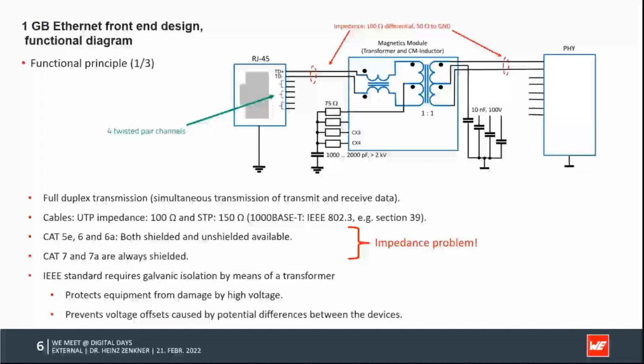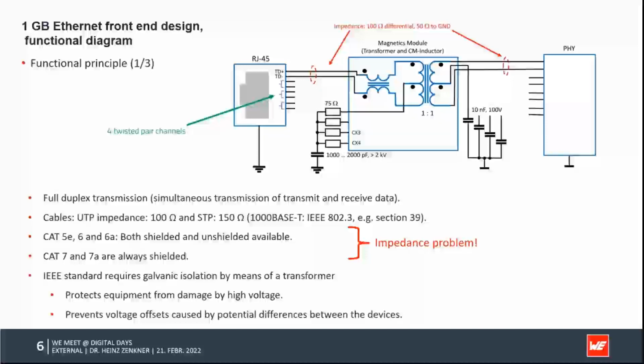The unshielded twisted pair cables have an impedance of 100 ohms, and the shielded twisted pair cables have 150 ohms. They are defined in the IEEE standard. And you see, the category 5E, 6 and 6A cables, of which the 6 and 6A cables can actually be used for the gigabit transmission, are available in a shielded and unshielded type.